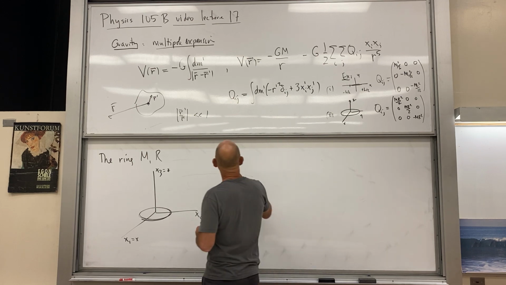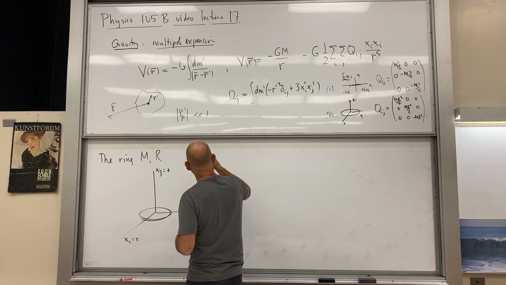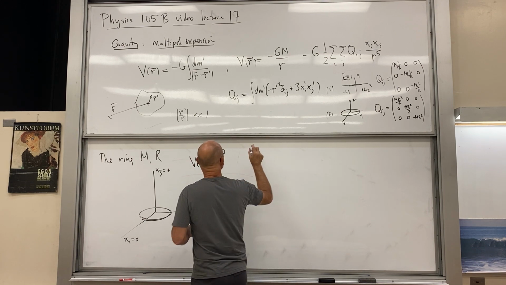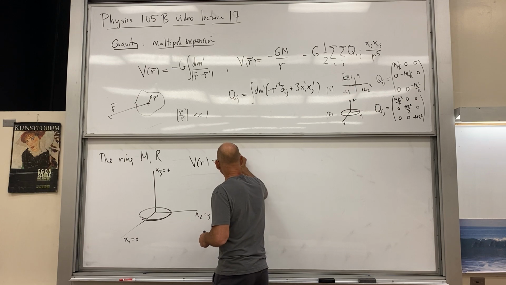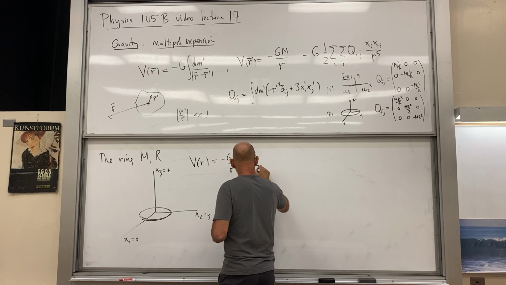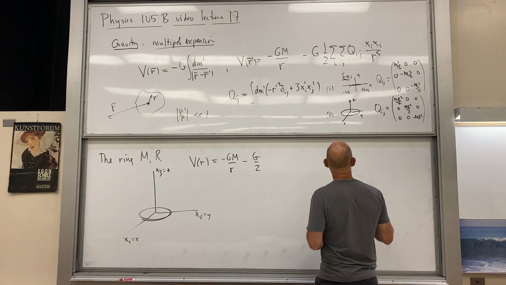So let's go ahead and write out our V of R is equal to minus G M over R minus G over 2. And now our double sum.